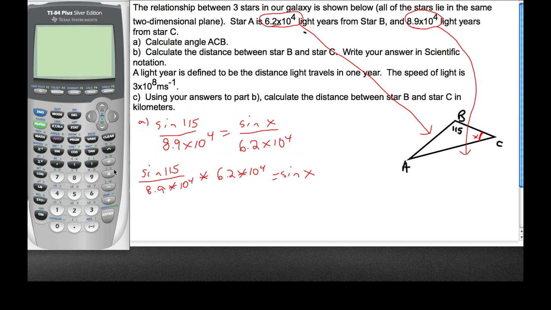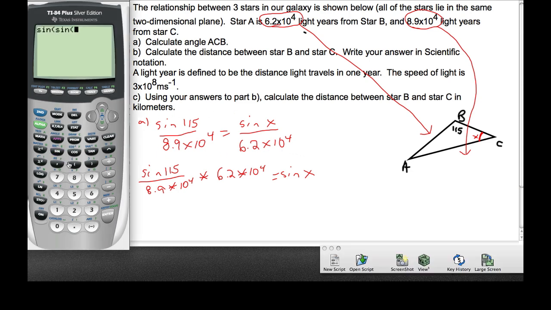Okay, so let's start. Sine 115 divided by bracket 8.9 times 10 to the power of 4. Okay, then we're going to take that result and multiply it by, in brackets, 6.2 times 10 to the power of 4. Okay, check that looks okay. Yes, good.